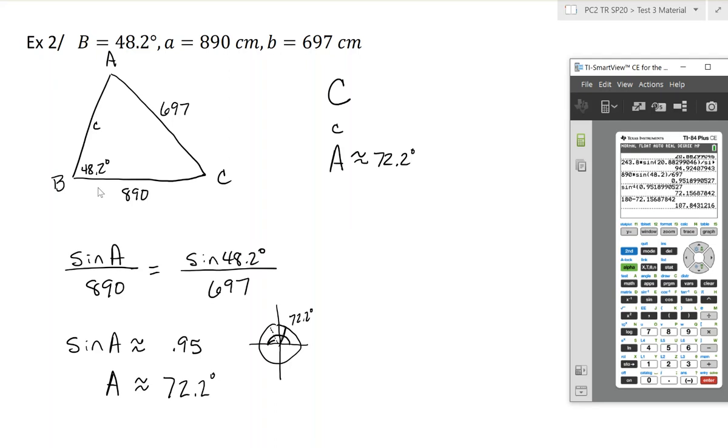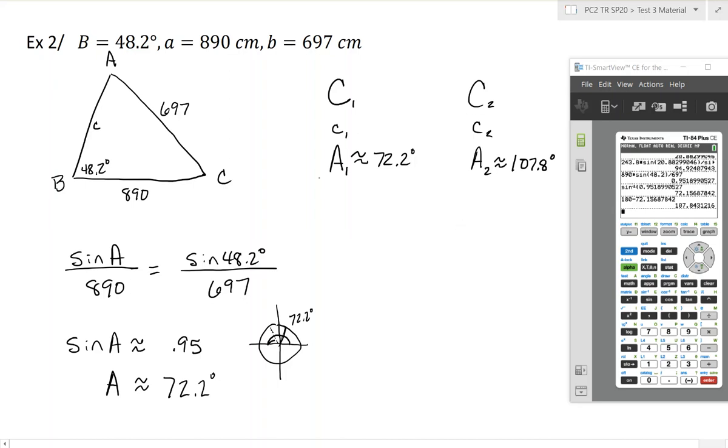So this is a case where we have two triangles. Okay, so we have to label this as A sub 1, C sub 1, big C sub 1. And we'll have a big C sub 2, a little c sub 2, and a big A sub 2. Big A sub 2 is about 107.8 degrees.